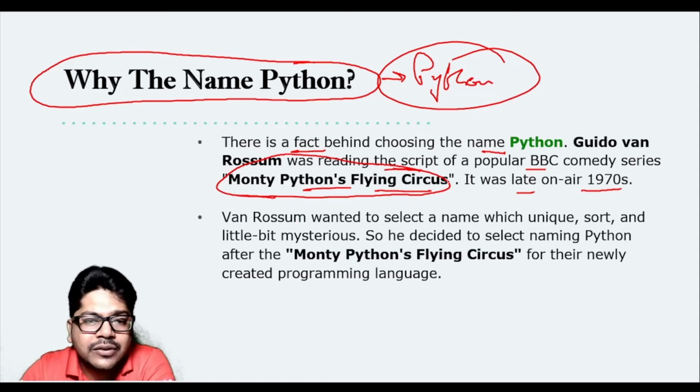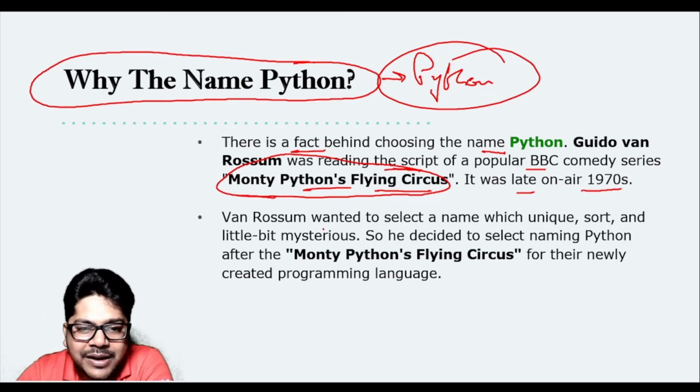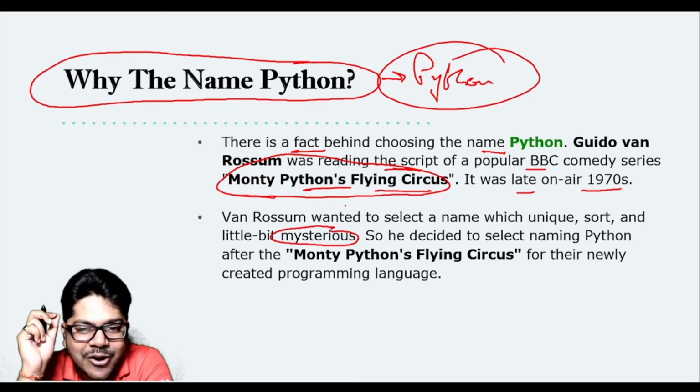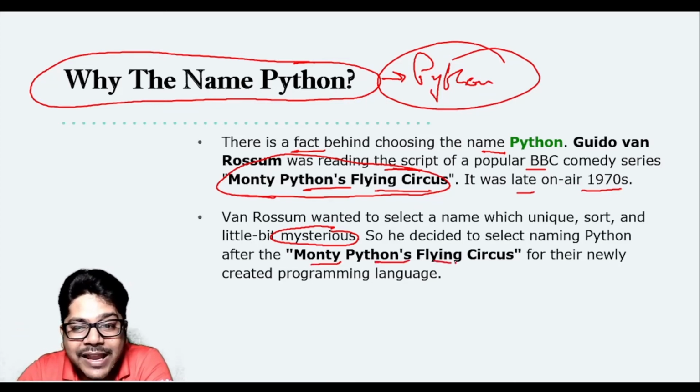When Rossum wanted to select a name which was unique, short, and a little bit mysterious, not common, he decided to select the name Python after Monty Python's Flying Circus. It has nothing to do with the snake python.